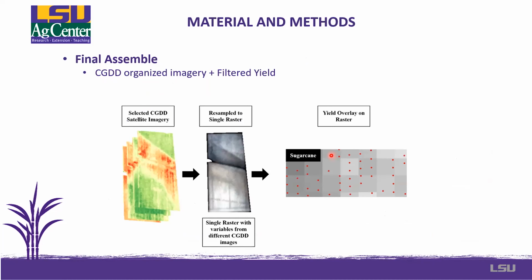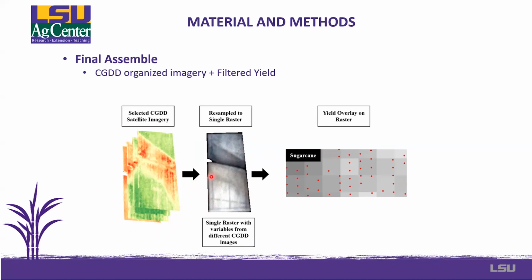The next process: we have all the images, and we had to bind them together into one single file, and also get the information we had in the beginning from the yield monitor onto that image. That's the process represented in this image I'm showing here: the different cumulative growth degree days satellite imagery, which we combine into one single image.